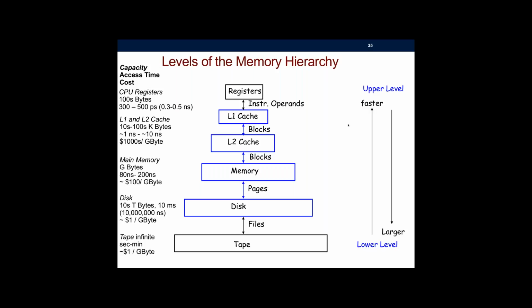So what this tells us is, if you can structure your computation such that it fits into memory at the upper levels, you will speed up your computation really fast. So you really need to pay attention to this and at least think about how you can reorder the computation such that you can keep the data most of the time in memory or most of the time in cache, if you can do that.